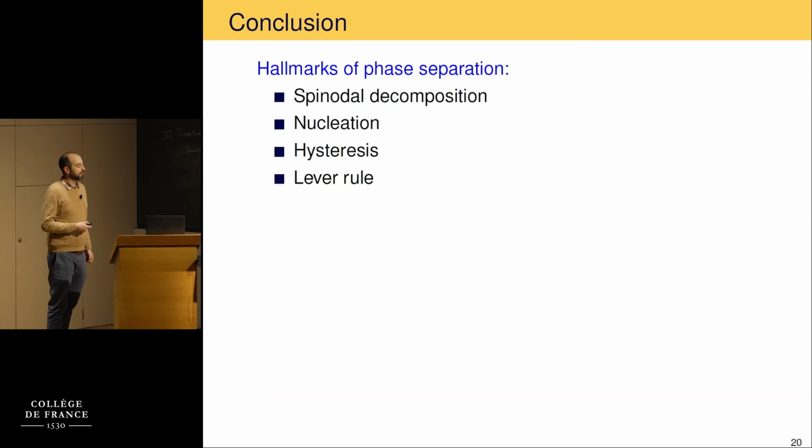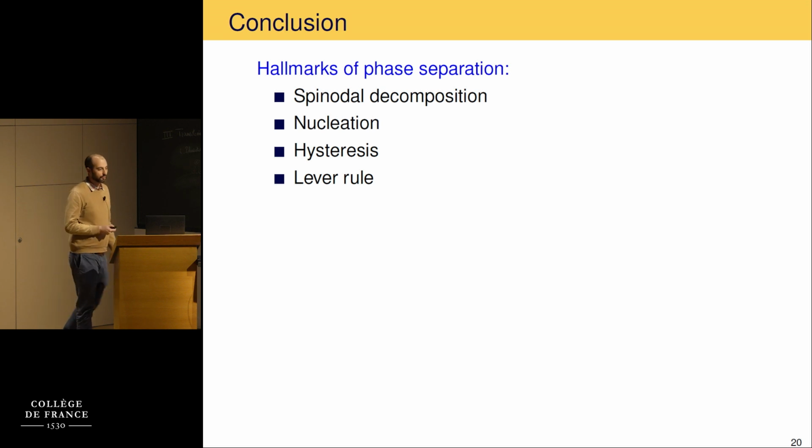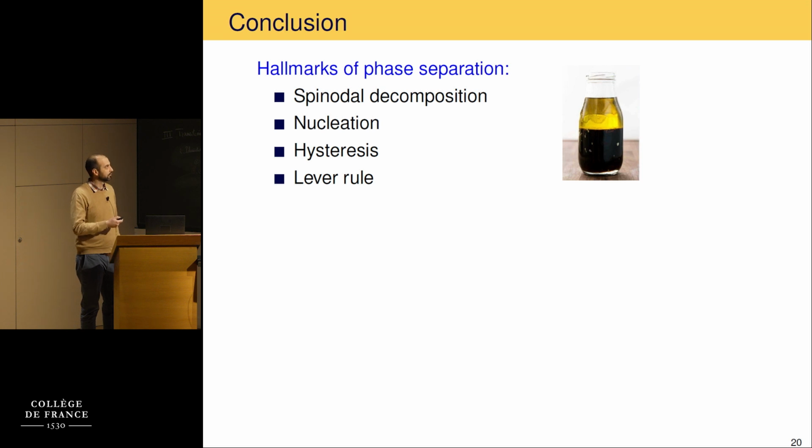So to conclude, I wanted to talk about both problems because they have both the same story, that they show all the hallmarks of phase separation. So you can have spinodal decomposition or nucleation depending on where you are in the phase diagram. You have hysteresis, the lever rule, so that's the vinaigrette that we are all used to.